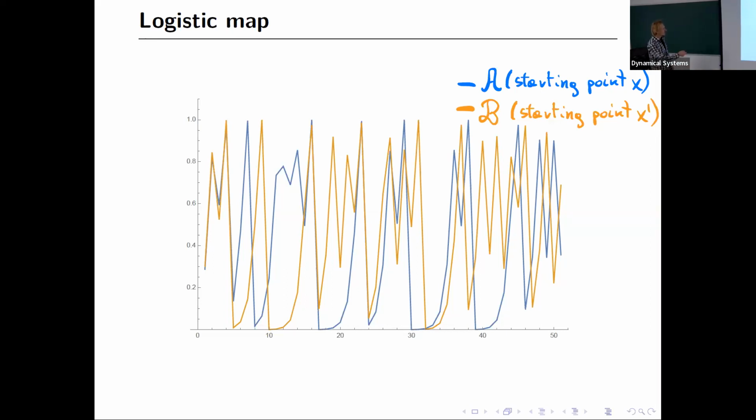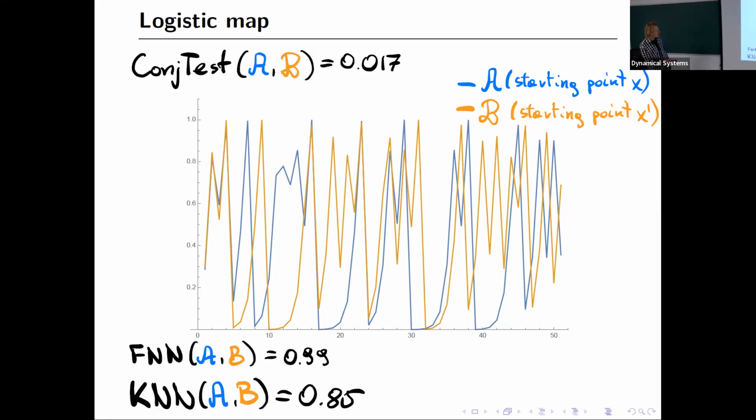So for this very simple example, when we take those two time series generated by the same map starting from slightly different starting points, and we compute the tests that Justyna mentioned, for the conjugacy test we get a very small number.